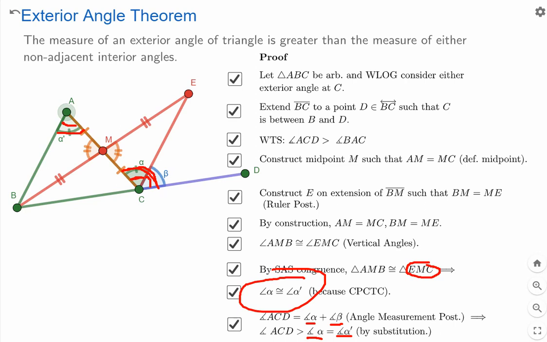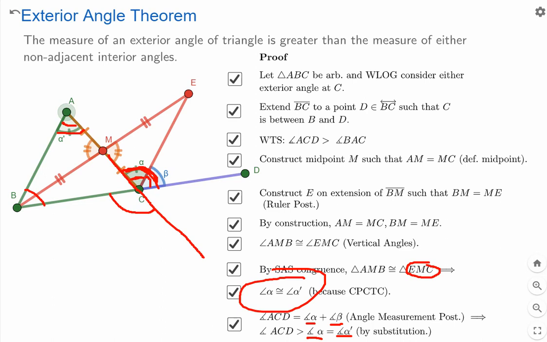So the other proof would say that this exterior angle is greater than this. Well, okay, what are we going to do? Well, we'll extend the triangle this way, and then this will be the angle that we'll be able to show using the same exact proof.